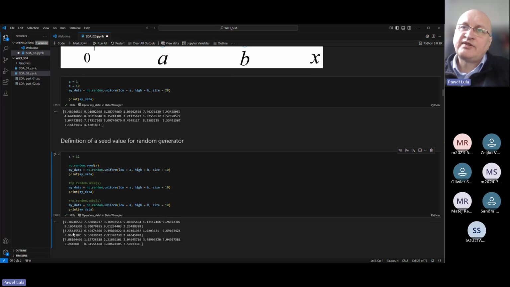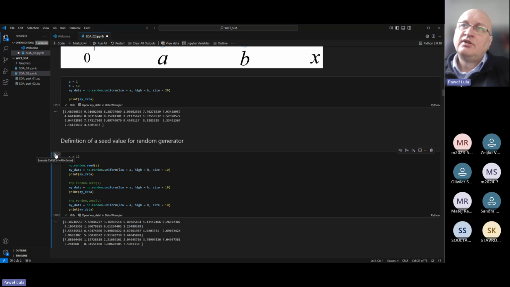The first series, the second, the third series. They are, of course, different because the first element in the second series was calculated using the previous value which was generated, and this previous value is the last element in the previous series.